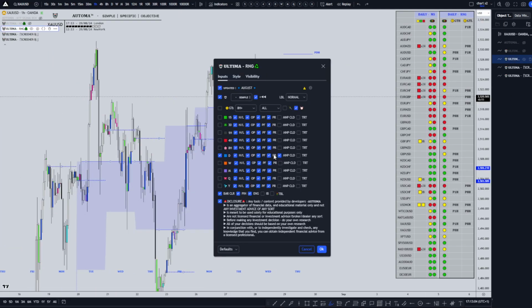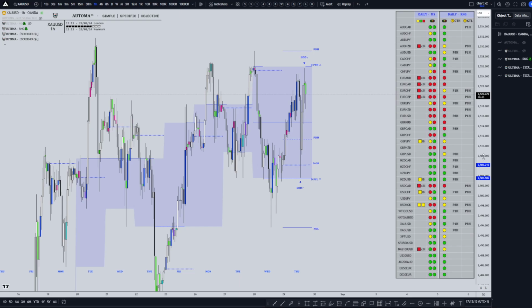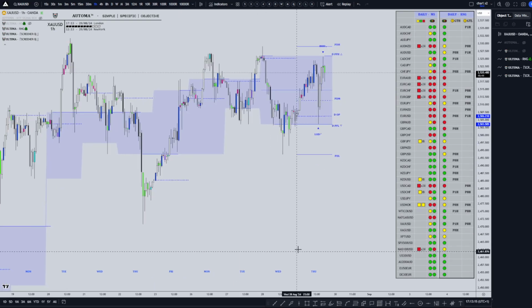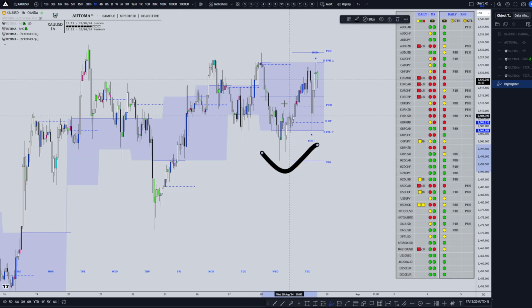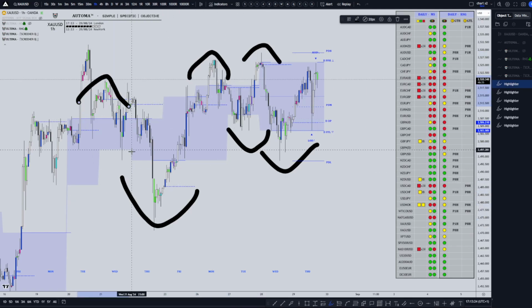If you go in the range tool, range cycle tool, we display all the general settings, and we have manipulation cloud. So manipulation cloud basically shows where we had the last manipulations, aka peak formations. As you can see, we had manipulation low, manipulation high, manipulation low, manipulation high, and so on, right?